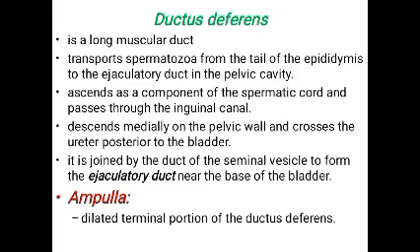It ascends as a component of the spermatic cord and passes through the inguinal canal, descends medially on the pelvic wall and crosses the ureter posterior to the bladder. It is joined by the duct of the seminal vesicle to form the ejaculatory duct near the base of the bladder. Ampulla: the dilated terminal portion of the ductus deferens.